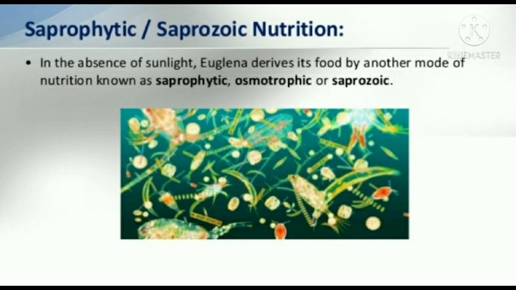So in the same single organism two types of nutrition are observed, that is saprophytic and photoautotrophic or holophytic nutrition. This type of nutrition is called mesotrophic nutrition, in which two different types of nutrition are observed.